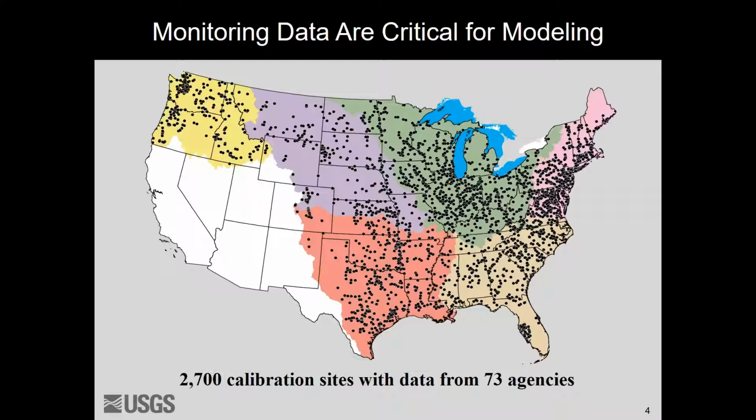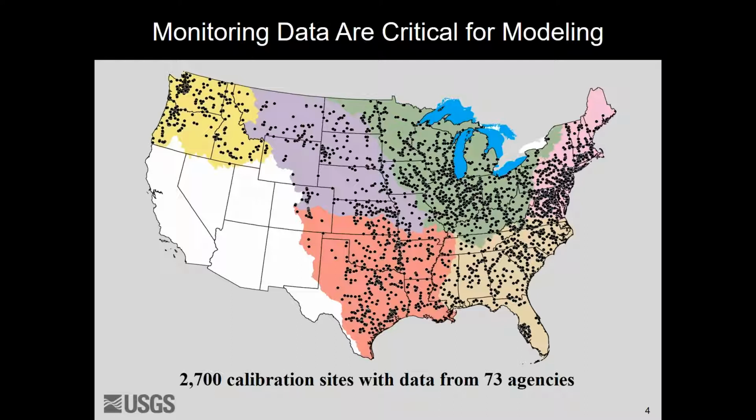So the monitoring data are key to developing Sparrow models, and so we put a fair amount of effort into compiling as much stream load information based on monitoring as we can. Monitoring data are the eyes of the water quality model, the way we think of it, in that the model predictions will reflect what the monitoring data represent.